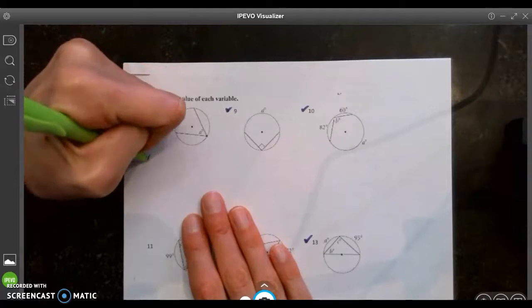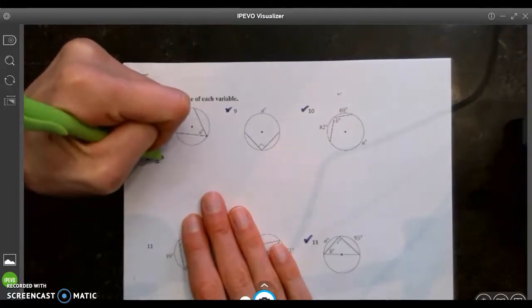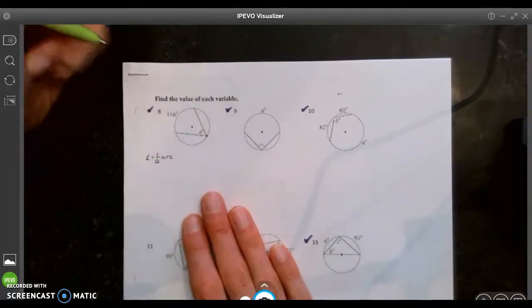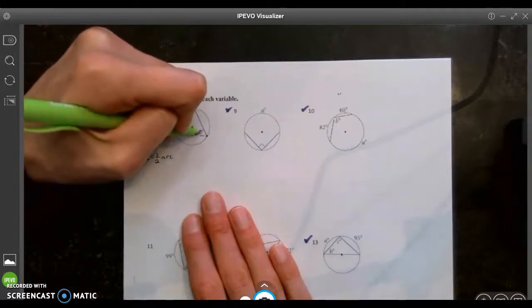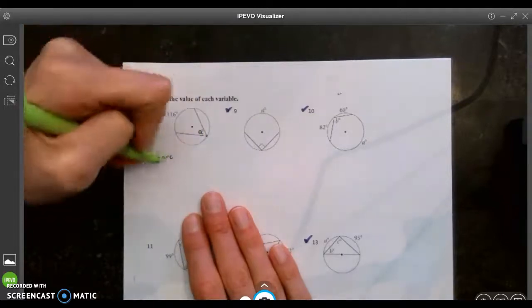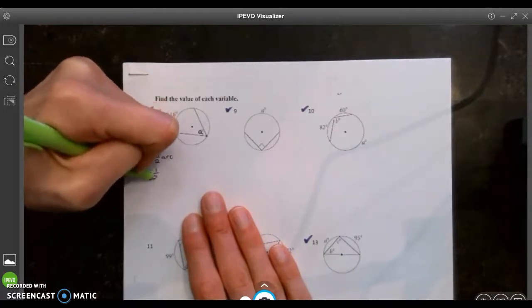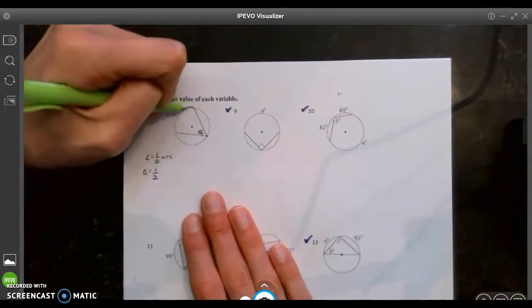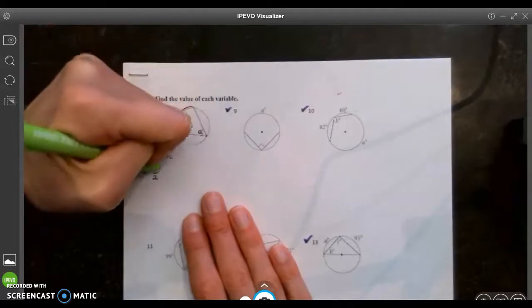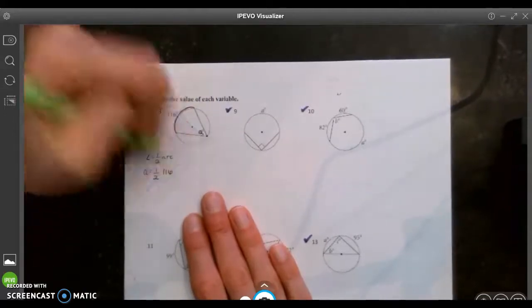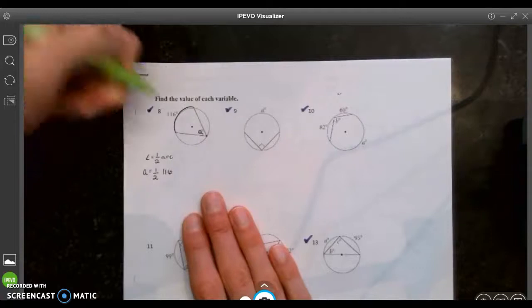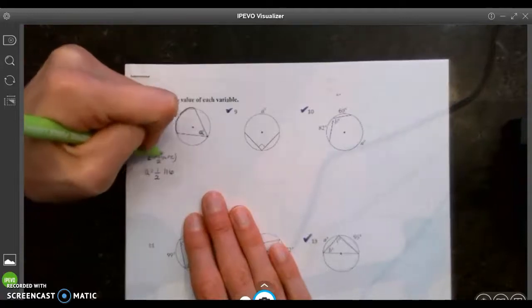So if I use the formula, angle equals 1/2 arc. My angle is A, so angle is A, 1/2 stays 1/2, and my arc is 116. So this 1/2 arc is really multiplication.